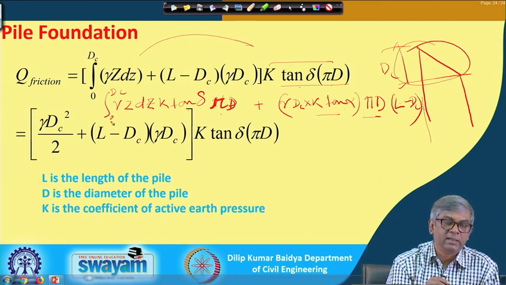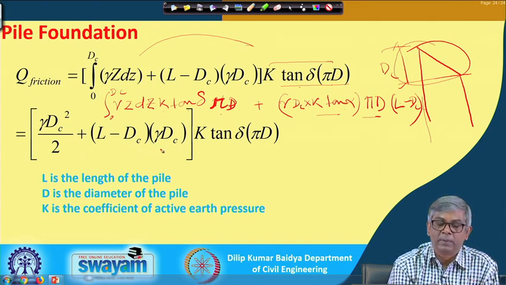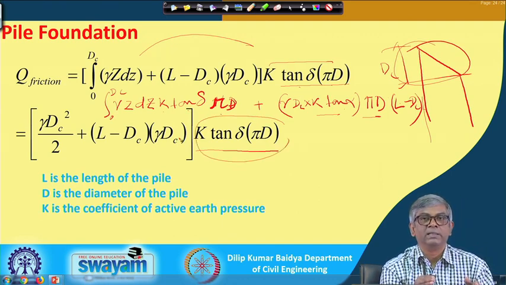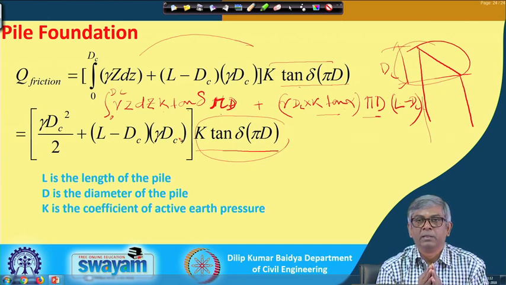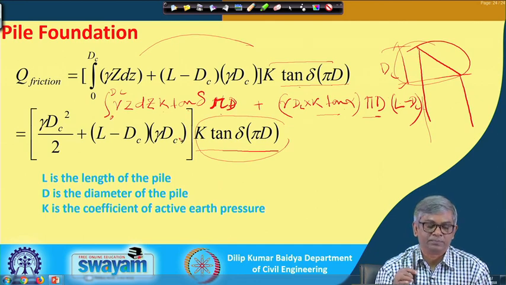And if you integrate this, ultimately you get gamma dc square by 2 plus L minus dc gamma dc, and k tan delta pi d will be outside. So, this expression is giving you the load taken by a pile because of the skin friction only, and that too when the pile is driven in sand. Okay.